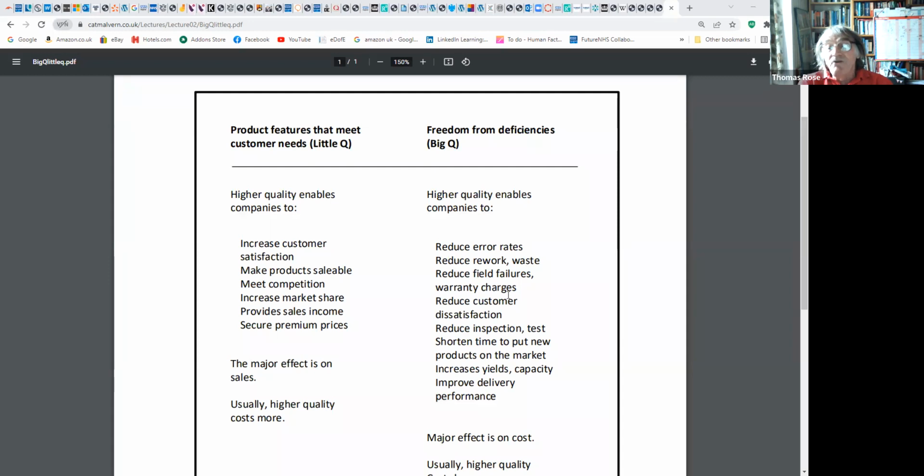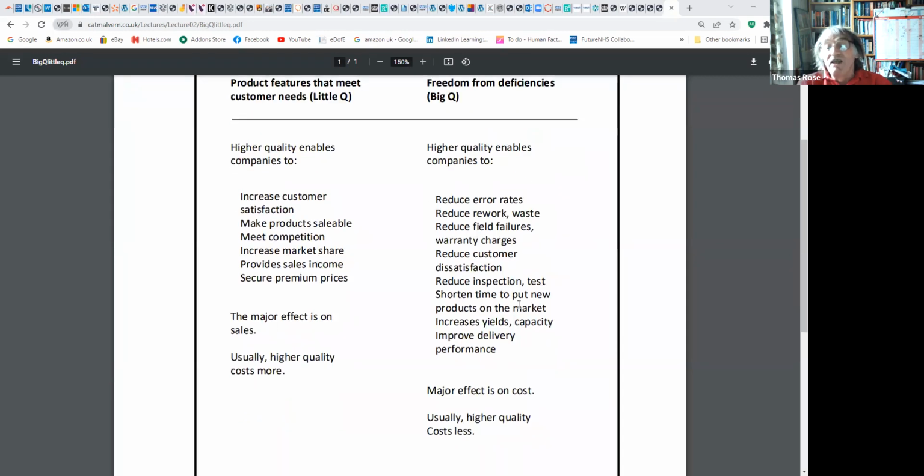The major effect is on cost, and it's usually higher quality costs less. It costs less because you're not wasting money on rework and litigation and product returns. So all of those things really do add up as the sort of lean ideas show us.